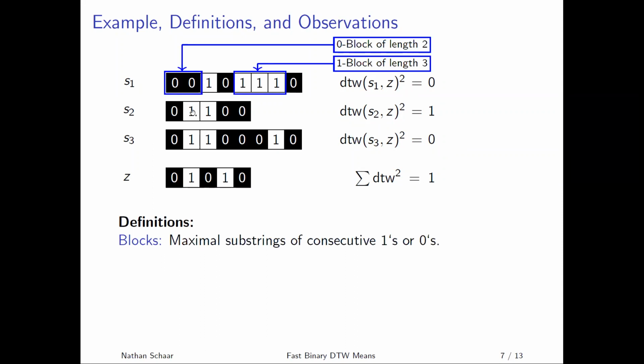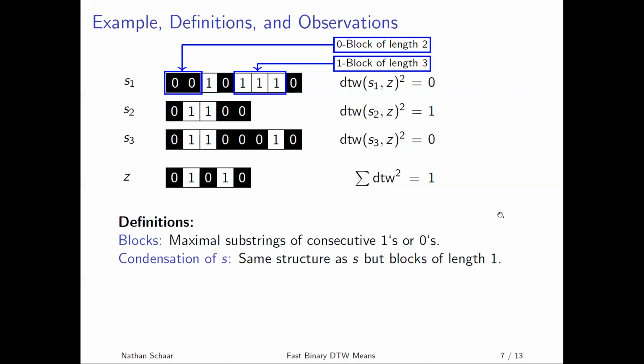And this is also why we had to make a mistake, because in the mean we have 5 blocks, and in S2 we have only 3 blocks. So we have to align some block multiple times in S2. And a condensation of a string is just if we take all the blocks and reduce them to length 1. And you can see that Z is, for example, a condensation of S1 and S3.